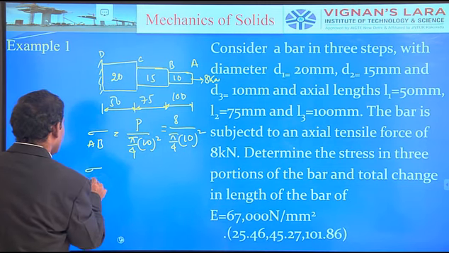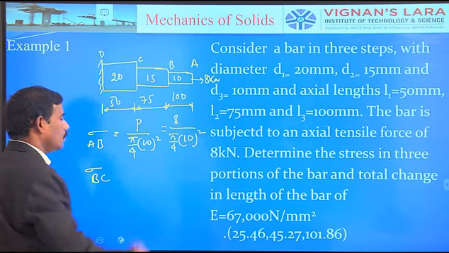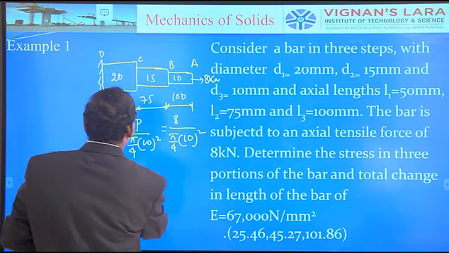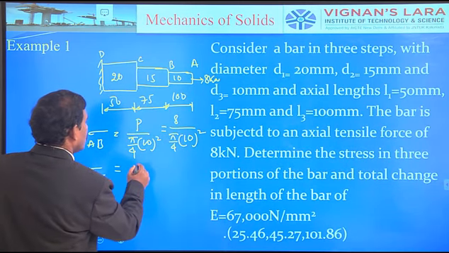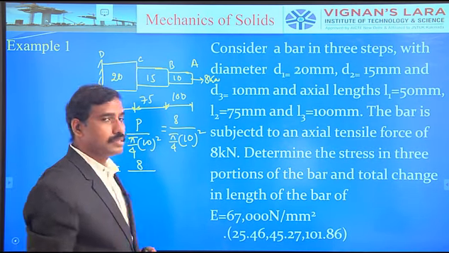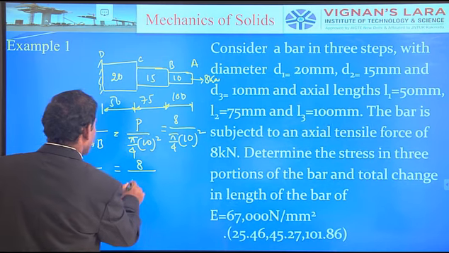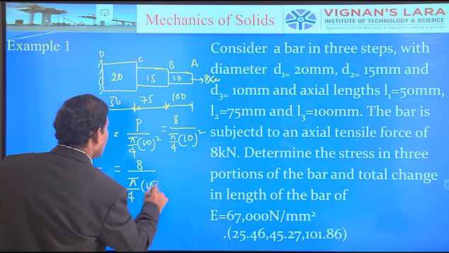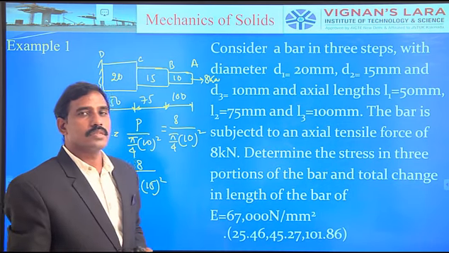Coming to the next case, the stress in the portion BC. Again the applied force P is the same in the portion BC also, but the cross-sectional area is not the same. That would be pi by 4, 15 whole square.